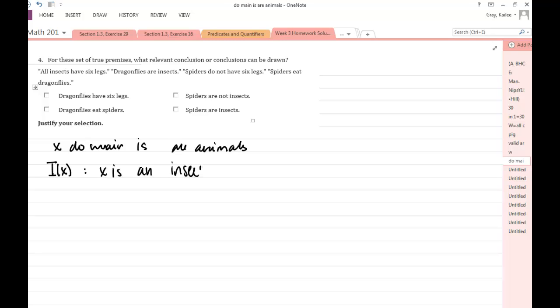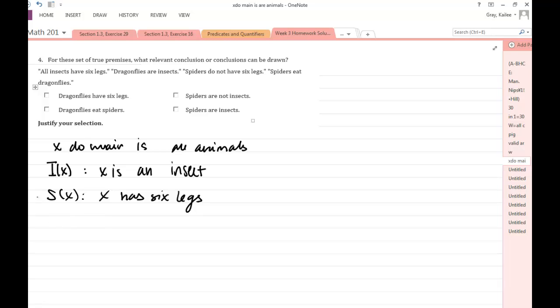So I'm just looking through my different statements and trying to determine how I would interpret these statements symbolically. So 6 legs, S of x: x has 6 legs. And let's see.